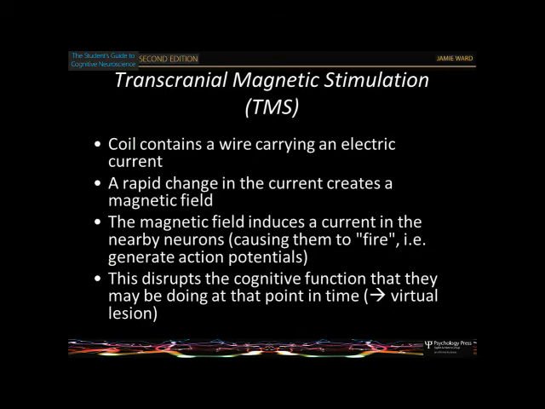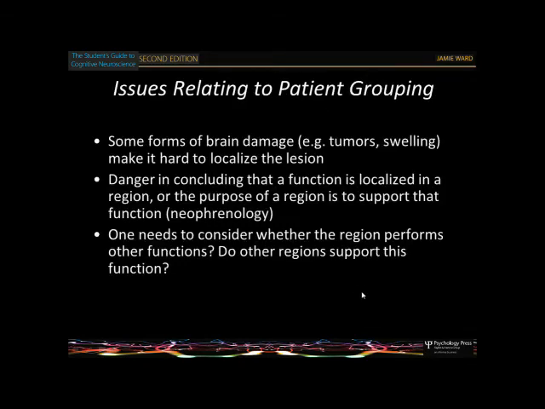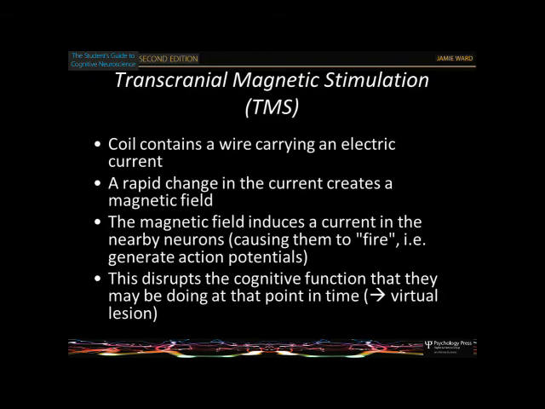You're applying the same logic as in patients, in the sense that you apply a brief magnetic field over a part of the brain and you see what the ensuing behavior is. So it's exactly the same as this third column here in terms of the logic, except it's not a real lesion, you're just temporarily disrupting the brain.